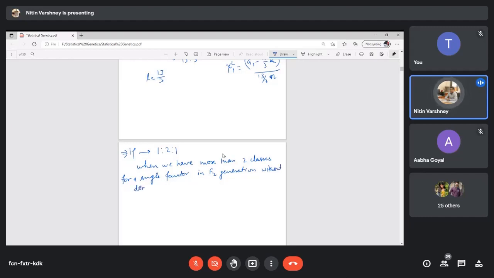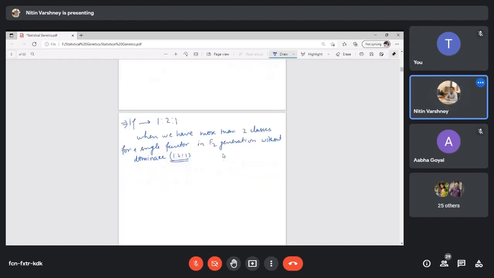So for incomplete dominance, what is the ratio? That is 1:2:1. So this is our expected ratio. I am writing capital A, small a, small a. That is our expected ratio 1:2:1.